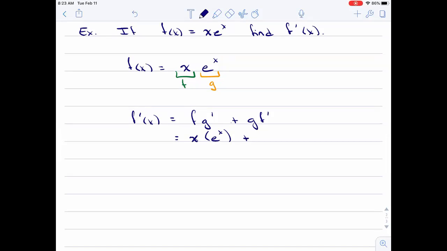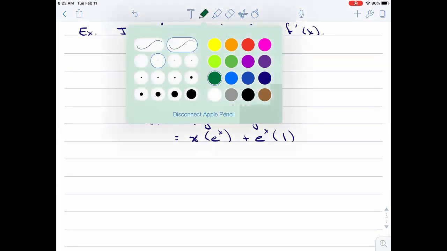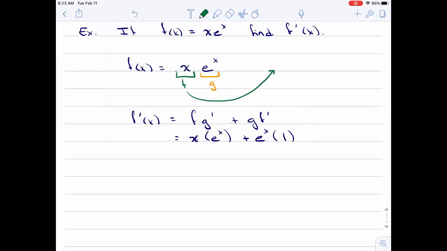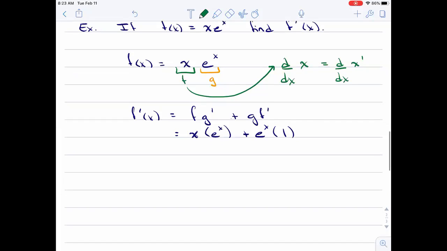plus, and now g is just held steady, so e to the x times the derivative of x, which we said was just 1. If you think about x as x to the power of 1, it's going to be 1, but I'll outline why over here. d/dx of x is d/dx of x to the power of 1.